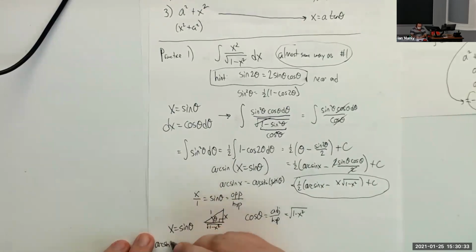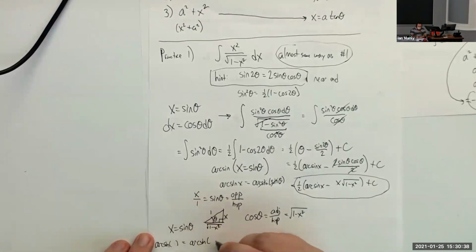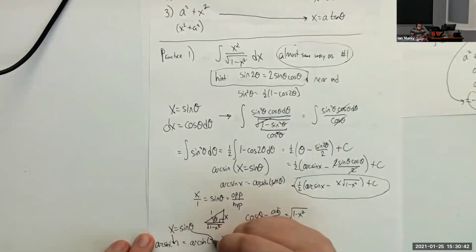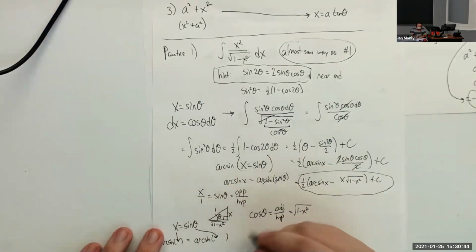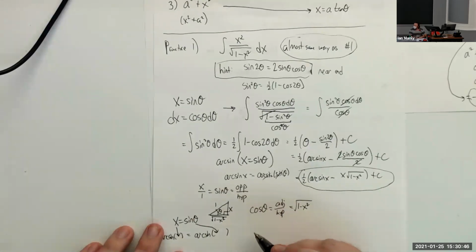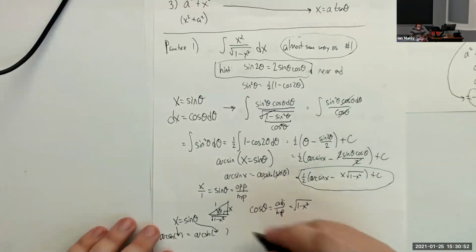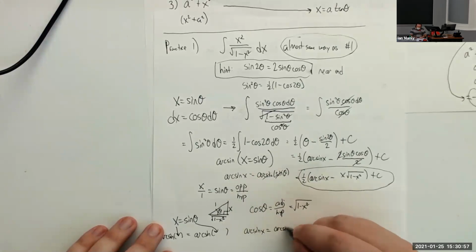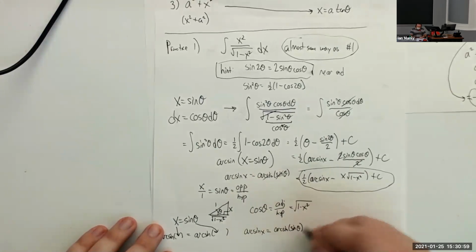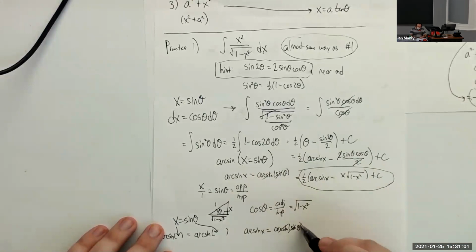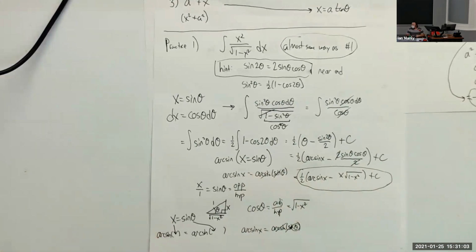So if these are the same, then they'll also be the same if I put them both into an arc sine, right? The whole point of inverse functions is that when you have one inside the other, they just go away and you're left with the variable. So we have arc sine of x is arc sine of sine theta, and those go away, and we're just left with the theta right there.